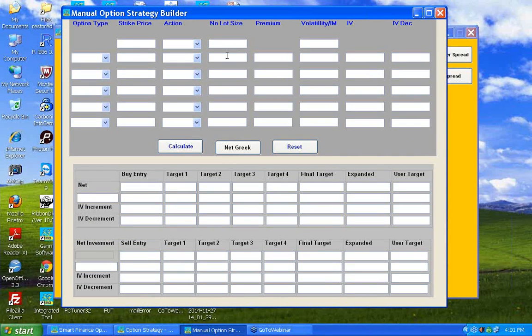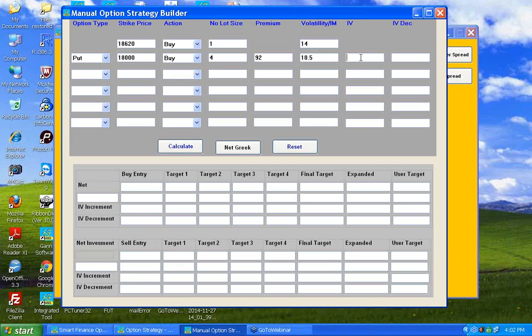Imagine I am buying Bank Nifty, say 18,620, action buy, one lot, and the volatility is currently 14%. Along with it I am buying the 18,000 put option, 4 lots at the price of say 92 rupees, and currently the IV is 10.5%.